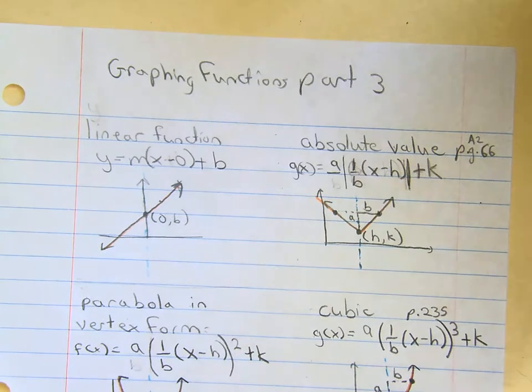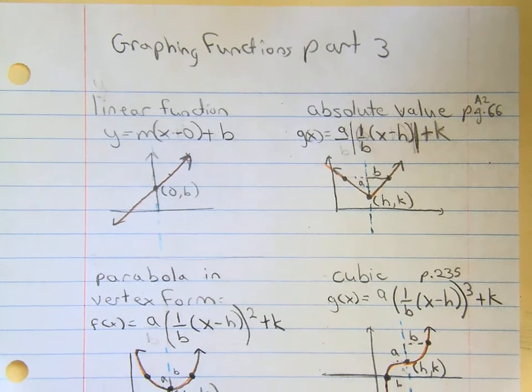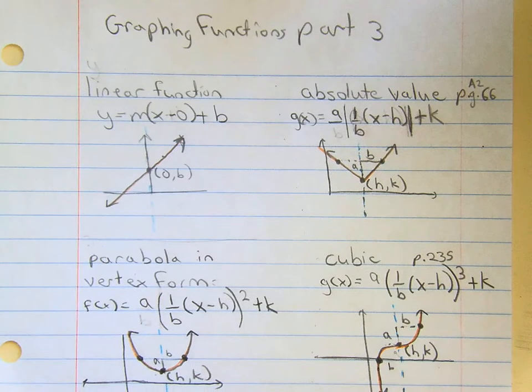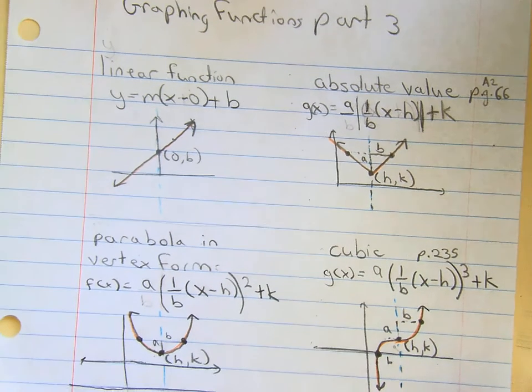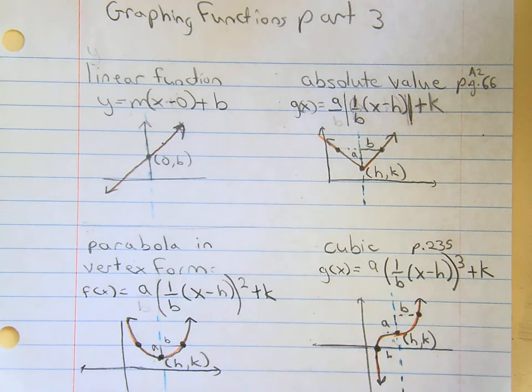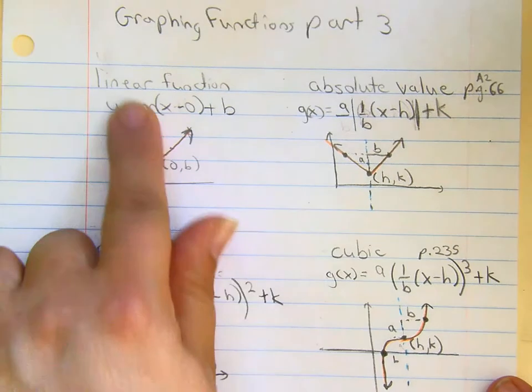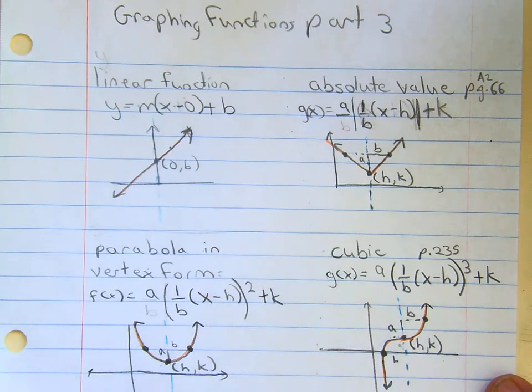So graphing functions part 3. This is just page 3 basically. So when I talked about the slope, and that's what m is, the same thing exists no matter the type of graphs in one form or another. And so what I've done is I've created a page of the different types of graphs that oftentimes you'll see. Obviously, you start off with the fundamental linear equation and linear function.